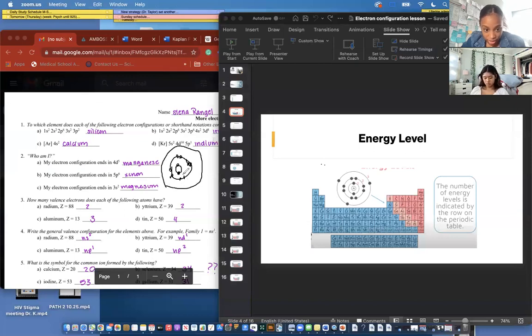So now that is 10, but this is element 13: 10, 11, 12, 13. This doesn't have 8 electrons in that orbital, so you say there are 3 valence electrons left in this third energy level.